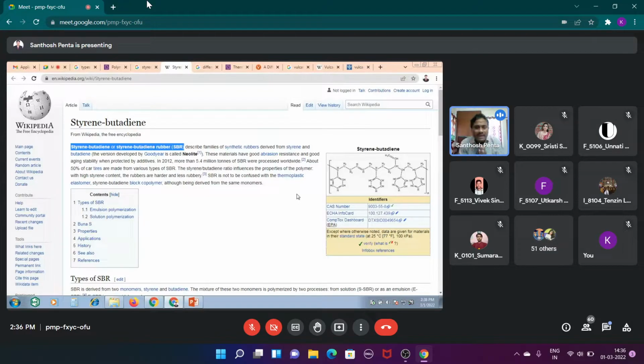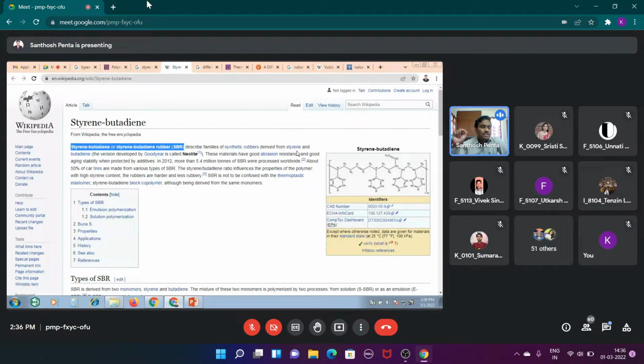So what is happening here? In the addition polymerization, same type of monomeric units are joining. Similarly, in the copolymerization, the monomeric units are joining, but here they are different monomeric units: styrene and butadiene. Styrene is benzene CH double bond CH2, and 1,3-butadiene is CH2 double bond CH, single bond CH, double bond CH2.